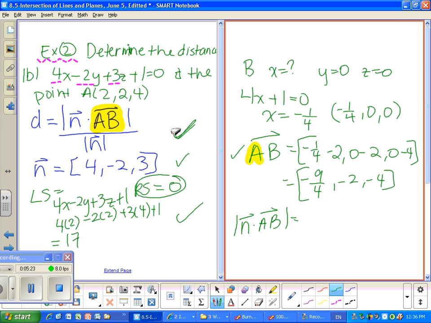So do the x times the x, so negative 9 over 4 times the 4 is negative 9. Negative 2 times negative 2 is plus 4. Negative 4 times 3 is minus 12. And the magnitude of that, you end up with negative 17. But because you're taking the magnitude, you just take the 17.